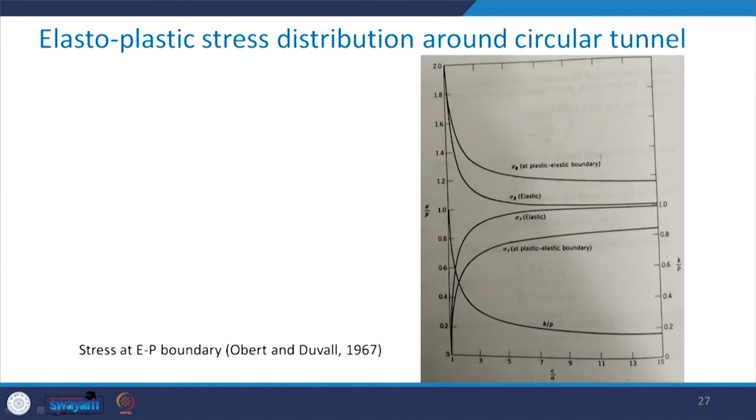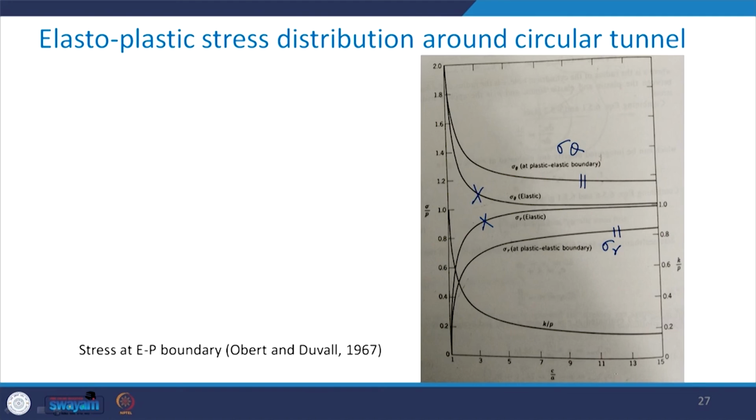Now, this is the typical variation of sigma r and sigma theta at the elasto-plastic boundary. This one is for the variation of sigma r at the elasto-plastic boundary, and this is for sigma theta, while in case of the elastic state, this is the variation for sigma r and this is the variation for sigma theta.